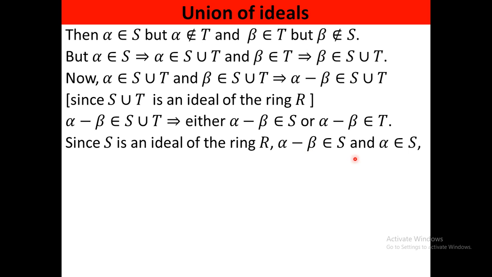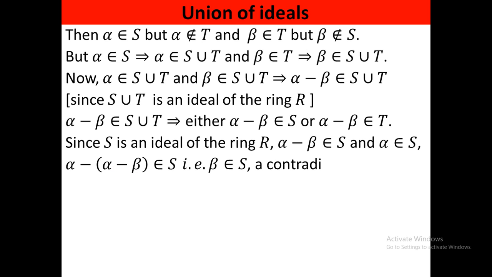So we know that since it is an ideal, if you take this as A and this as B, then A minus B must be an element of S. From the first condition of ideal, we can conclude that it belongs to S. But if you calculate this, it will be beta. That means beta belongs to S. But it is a contradiction, because here we see that beta does not belong to S. So it is a contradiction.